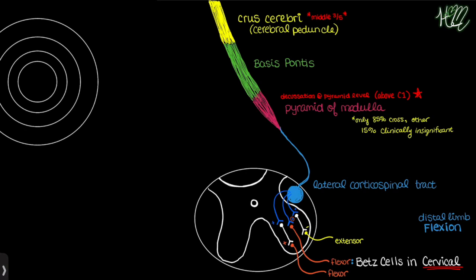Now, this is important because any lesion above this point, any lesion that is above the medulla, is going to produce a contralateral response in the lower limbs or wherever the motor response is. However, any lesion below this point is going to produce an ipsilateral response.